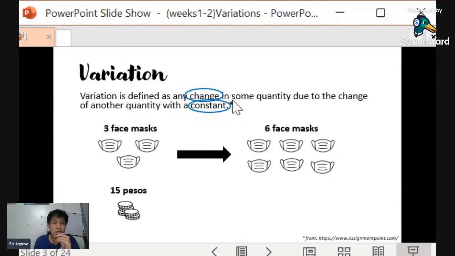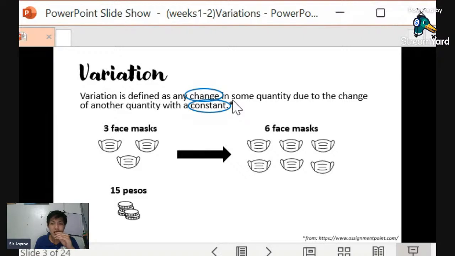Paki-comment nga. So what will happen to the price? So very simple question, di ba? So nagbago ka ng bilang ng face mask na bibilhin. So do you think 15 pesos pa rin yung price kung 6 na face mask na? So it will increase. Okay, very specific.